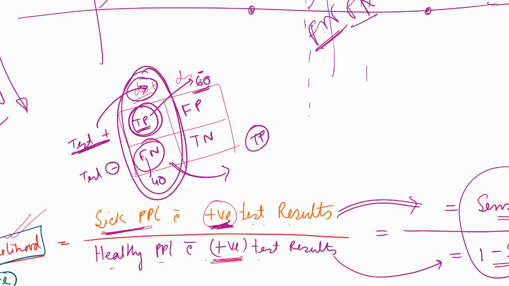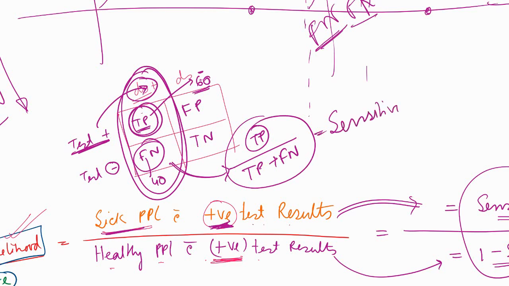So the ratio will be true positive by true positive plus false negative. And this is actually the sensitivity, if you remember the formula.